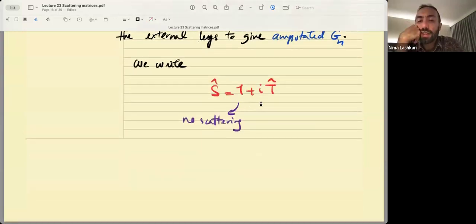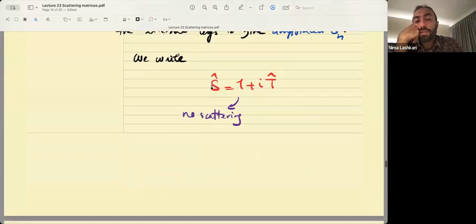Let me just say it again: the S matrix has a piece to it which is the identity. That's when there is no scattering. This is basically the boring piece when the theory is free. This piece tells you that free incoming particles propagate all the way to outgoing particles, and it is just the conservation of momenta, right?